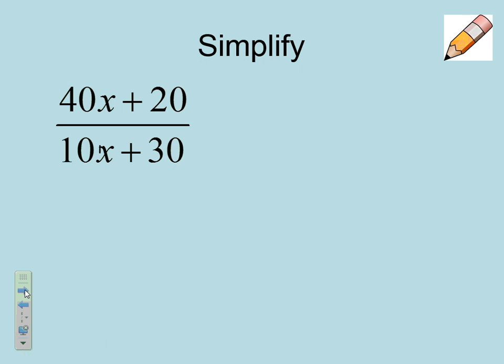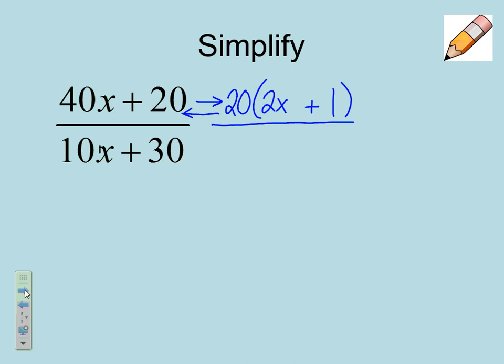So let's take a look just at the top right here. What can we do to factor a 40x plus 20? Well, we can take out a greatest common factor. What number divides out of 40 and 20? The number 20 will. And if I divide it out of those two terms, I end up with 2x plus 1. So 20 times 2x plus 1 is the same thing as this over here.